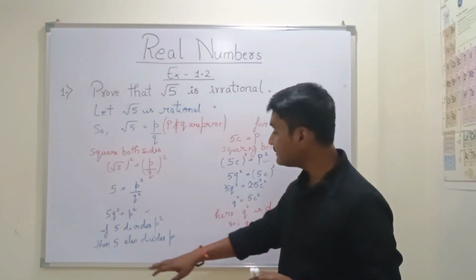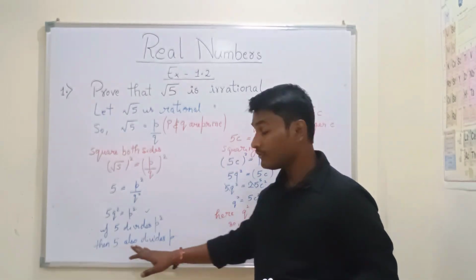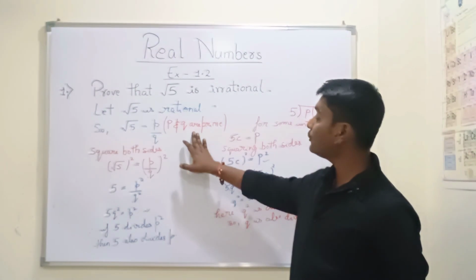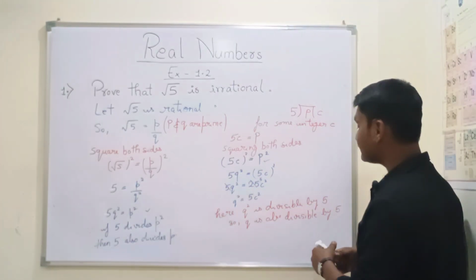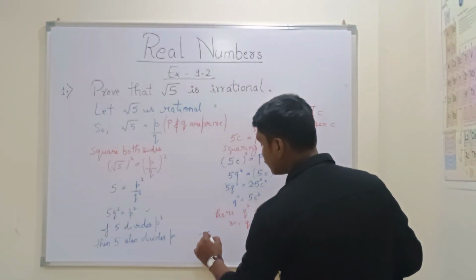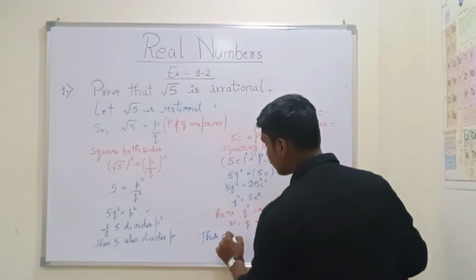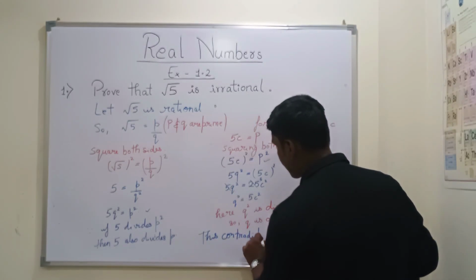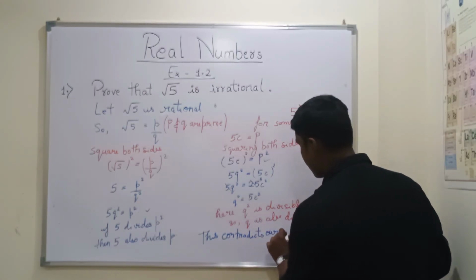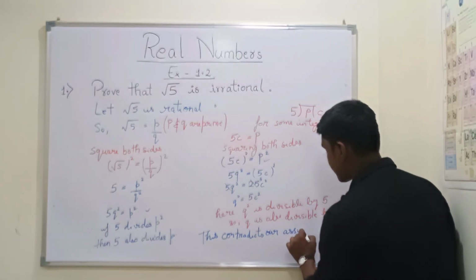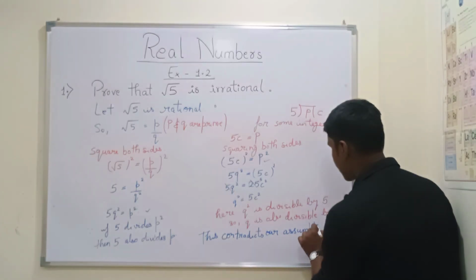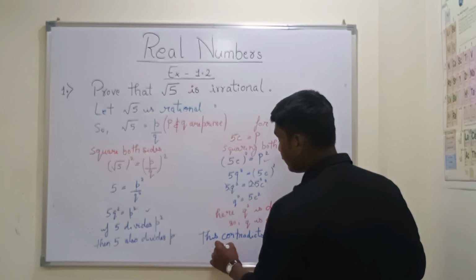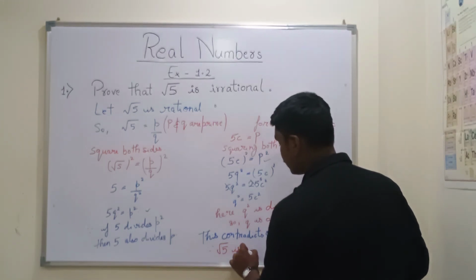So here we can clearly see that P has a common factor 5 and Q also has a common factor 5, but we have predicted that P and Q are prime, so this contradicts our fact. And therefore root 5 is irrational.